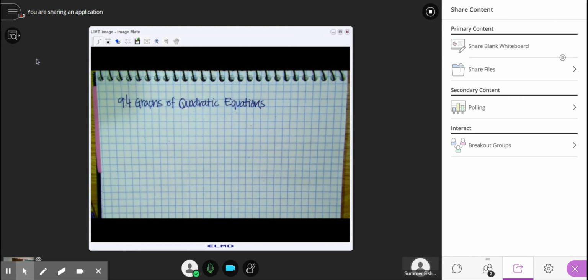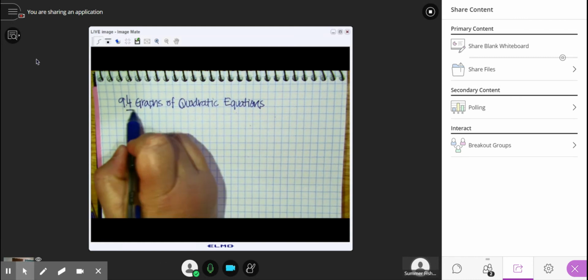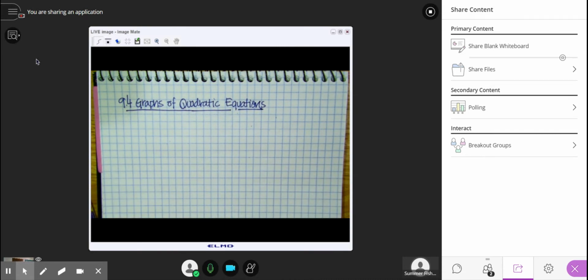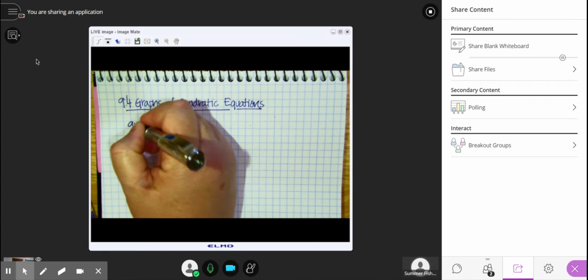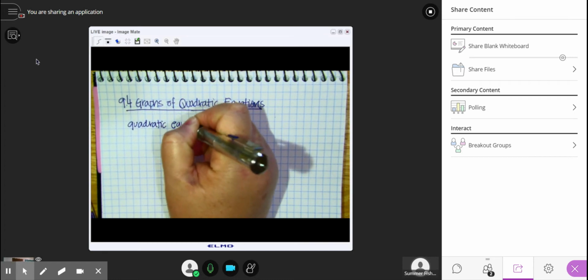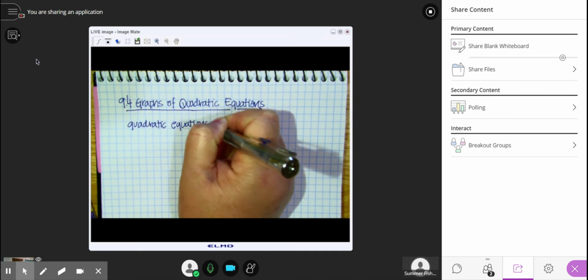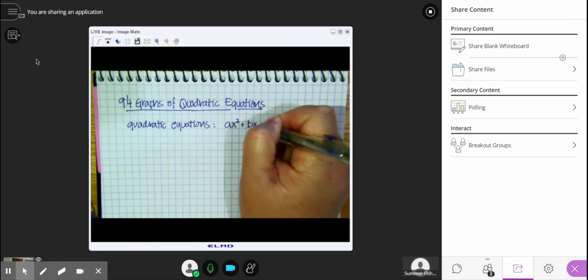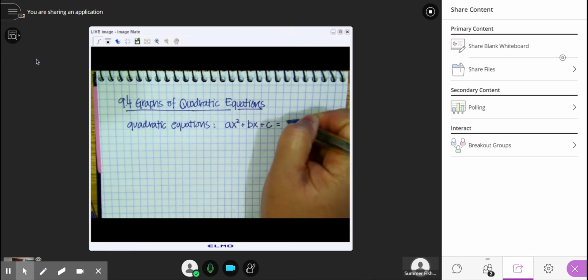All right, 9.4, graphs of quadratic equations. Quadratic equations, once again, are equations of the form ax squared plus bx plus c is equal to 0.